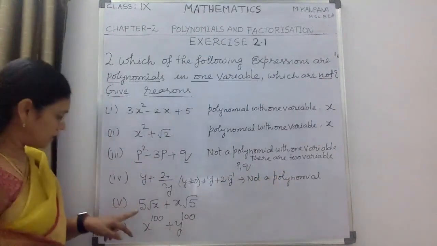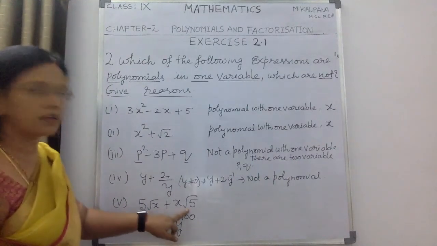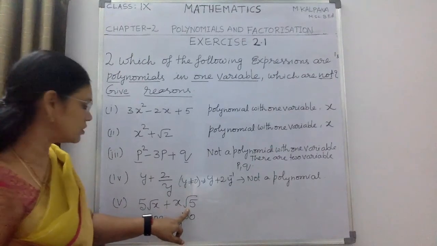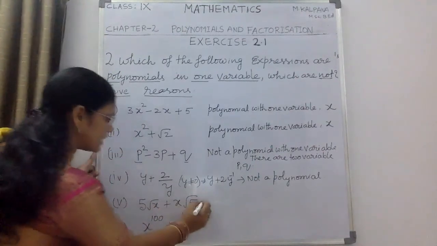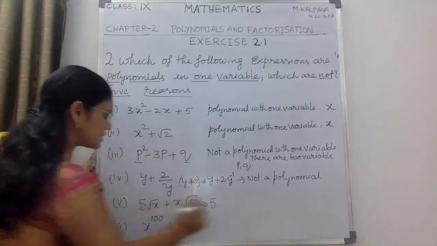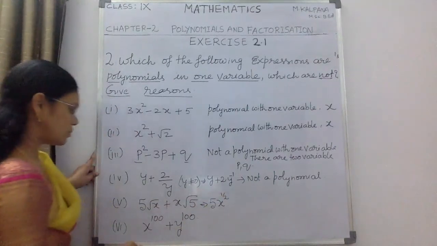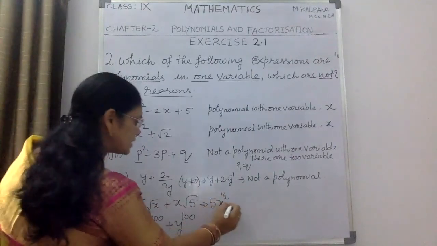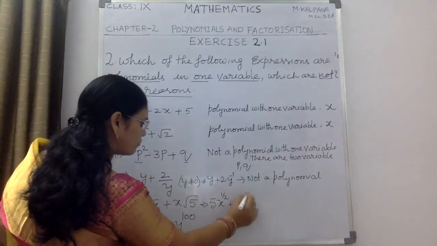So, coming to the next question, 5 root x plus x root 5. Rearranging this, square root of x can be represented as x to the power of 1 by 2, plus x into 5 to the power of 1 by 2.